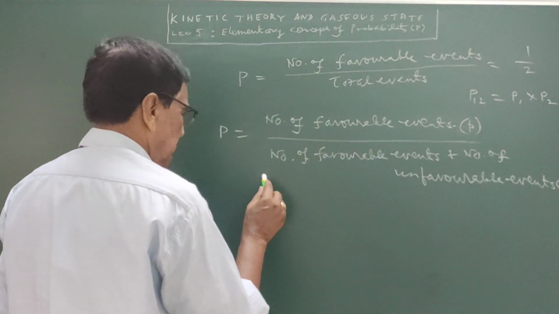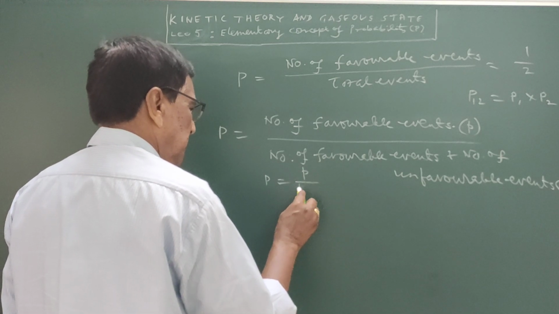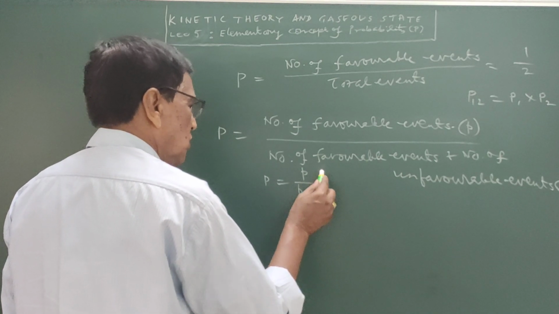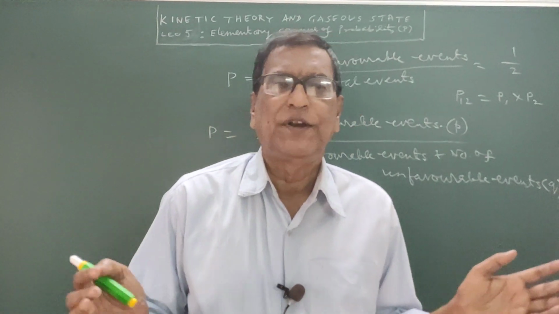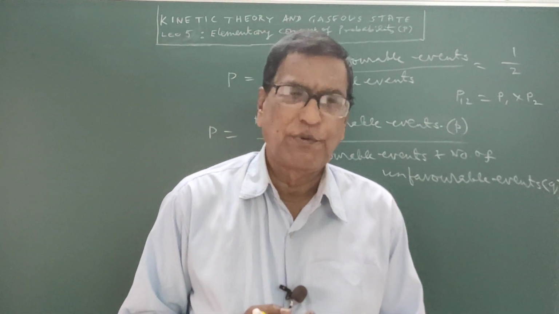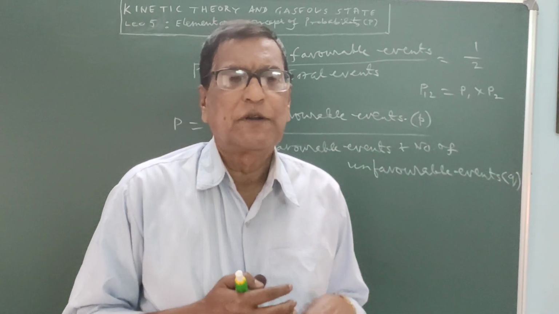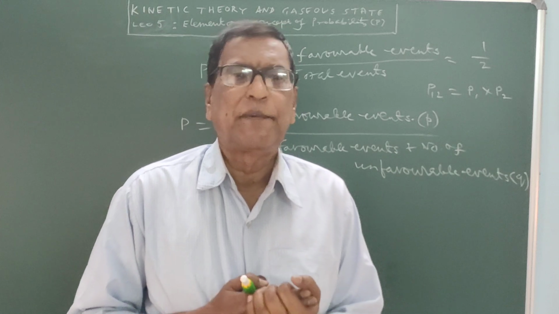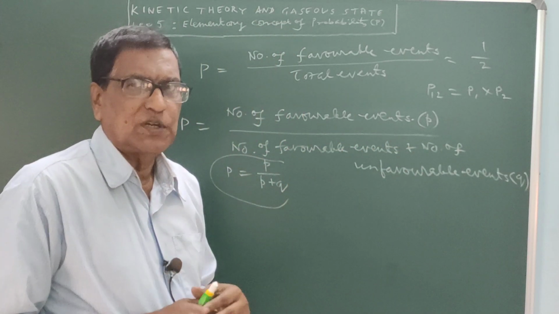Means that P is equal to small p divided by p plus q. This is also another way of calculating this probability: number of favorable events divided by number of favorable events plus number of unfavorable events. So the denominator, the sum of these two, is the total events.